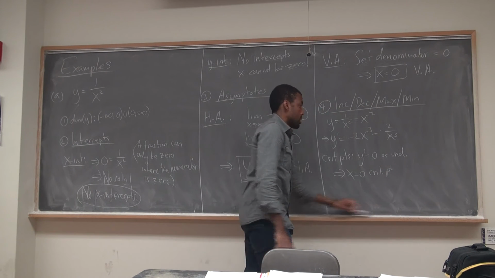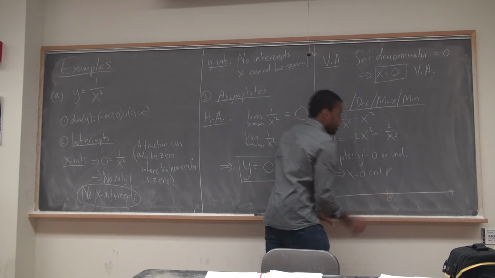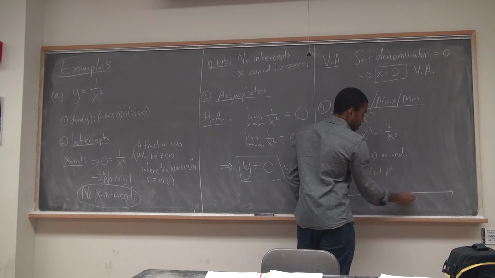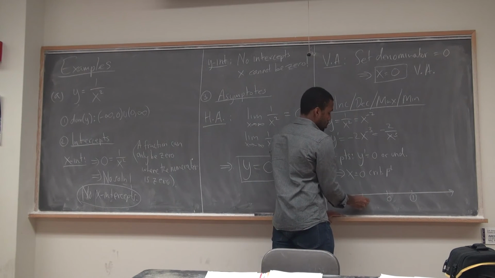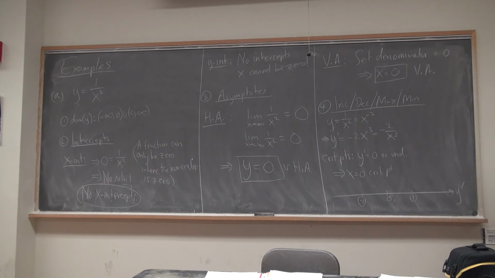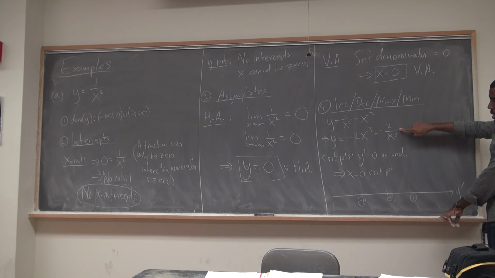So what I'm going to do at this point, I'm going to draw a number line, plot 0, and plug in any random number to the right and left of 0. So plug in 1 and minus 1, and I'm going to test that with y prime. So I go to y prime and I plug in positive 1. The result is negative 2.